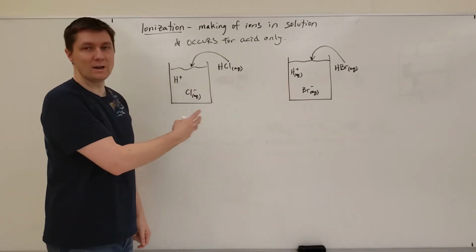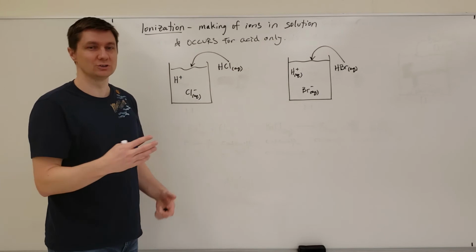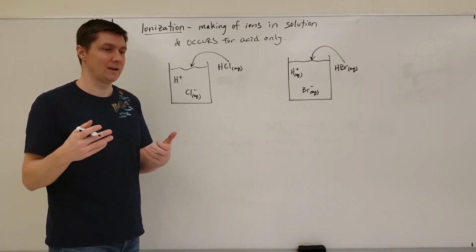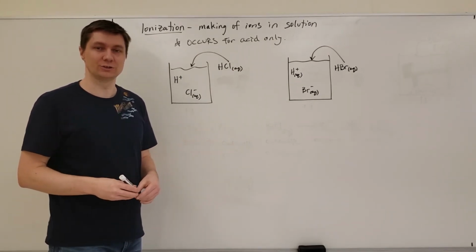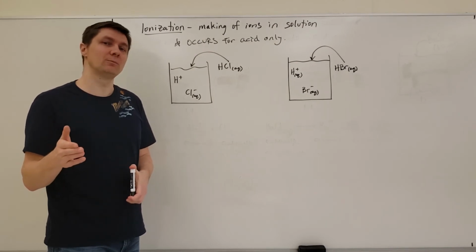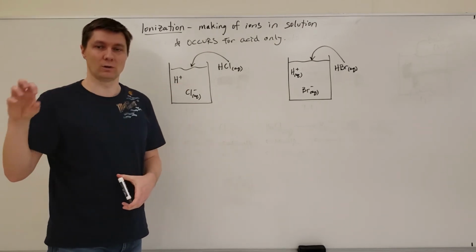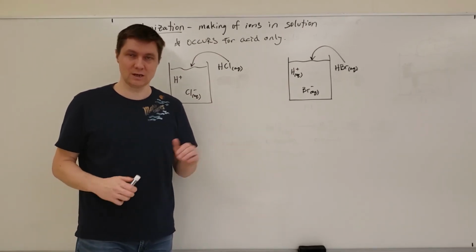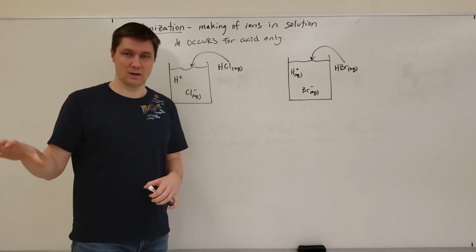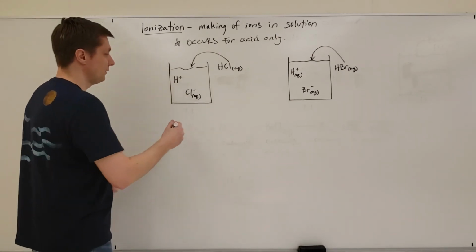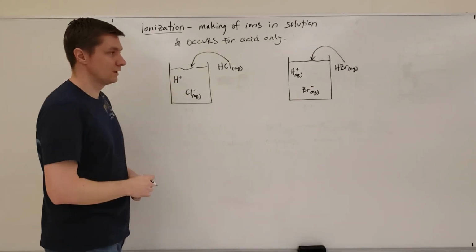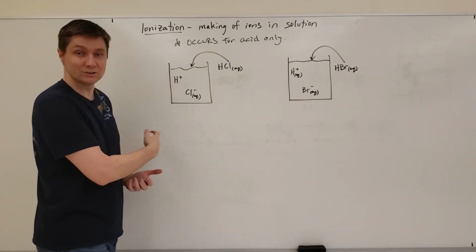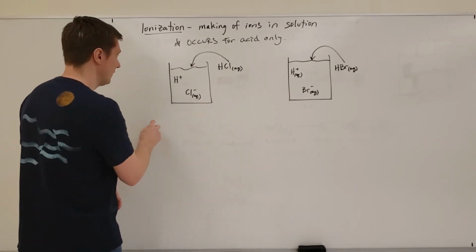Now, when we write these equations out, they look exactly the same as dissociation equations. The way that you can differentiate between whether it's a dissociation or an ionization is that ionic aqueous compounds dissociate and acids ionize. And so these ionization equations can just be written down below.